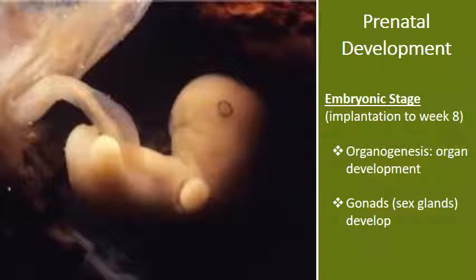At the end of this stage, the embryo is approximately 2.5 centimeters, and the embryo contains enough features that it can actually be recognized as a human embryo. Also during this stage, the embryo is very vulnerable because this is when all the major organs and physiological structures are being formed.